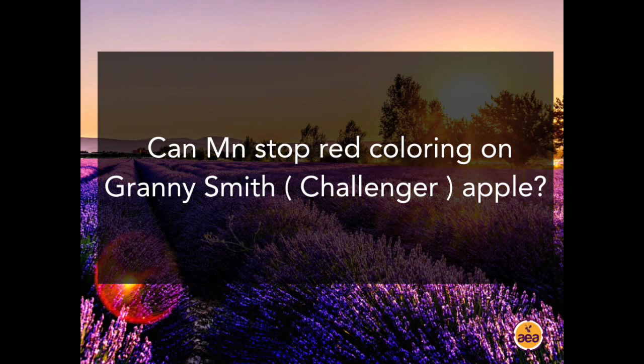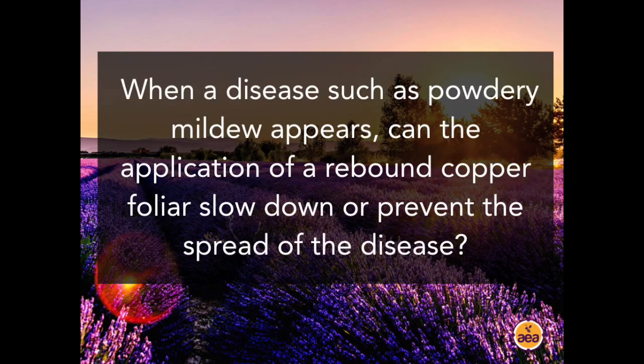Question from Darren Greenfield. When a disease such as powdery mildew appears, can the applications of a rebound copper foliar slow down or prevent the spreading of the disease? The answer is, when you address the trace minerals that are missing, that are not in adequate supply, that are leading to increased susceptibility, and you do it at a generous enough application rate early enough, then the answer is yes.